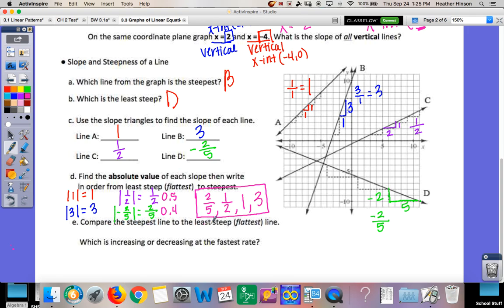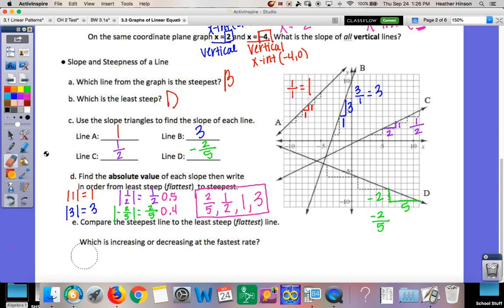Compare the steepest line to the least steep. So that just wants to know which one is increasing or decreasing faster. Whether it increases or decreases doesn't matter for how steep it is. So you can have a negative slope, like -5, and that still be the highest steepness. It's just going to be going downhill instead of uphill.